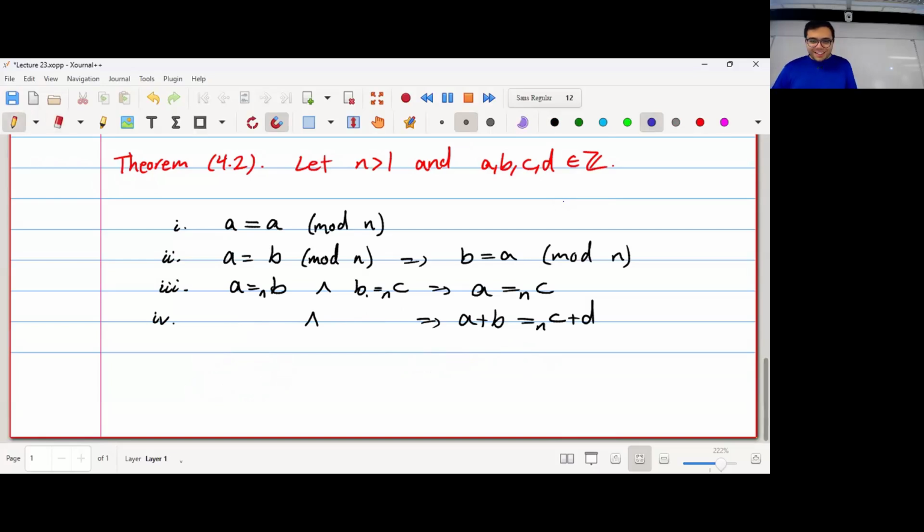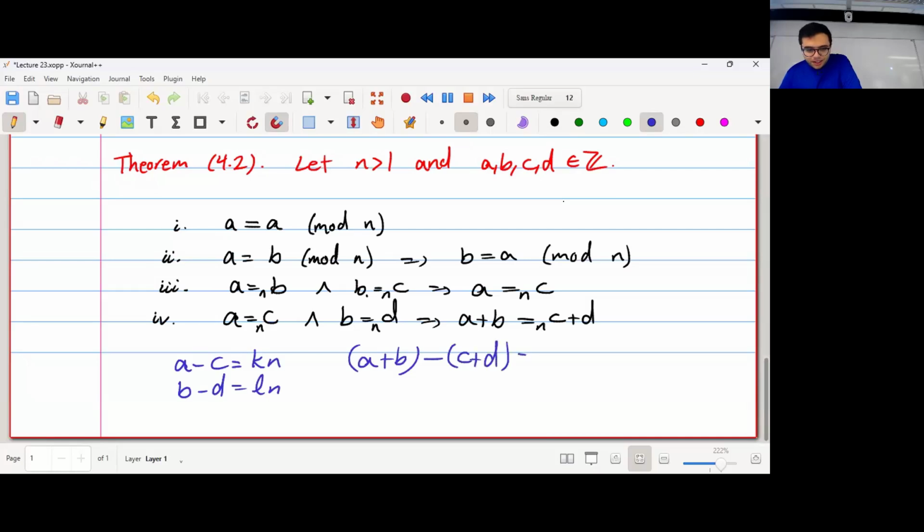What I wanted to say is that a is equal to c and b is equal to d. It's so trivial, it's not even worth it for me to start my brain. So what do I know here? I know that a minus c is some multiple of n. I know that b minus d is some multiple of n. So a plus b minus c plus d is going to just be k plus l times n.